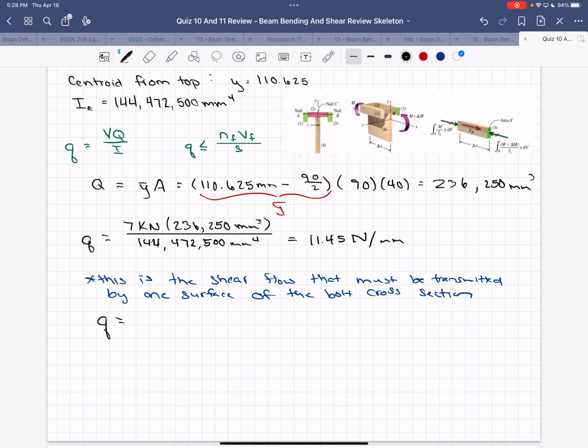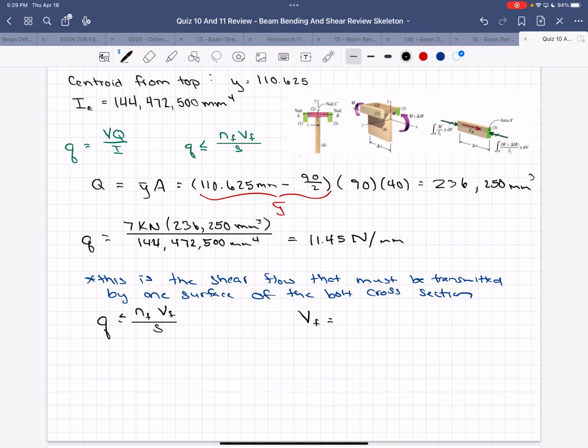Q is less than or equal to NF VF over S. How do we get shear stress of the fastener into that equation?